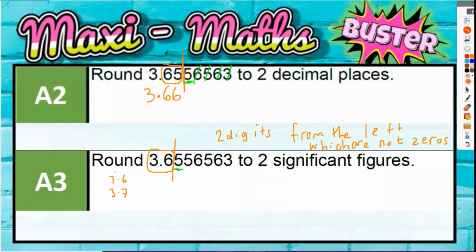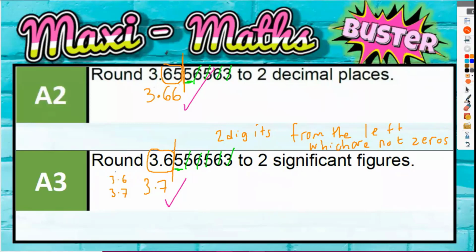Again, all the other digits after that 5 are not important to the question, so they might as well just disappear. It's the 5 that I've underlined in green that's going to affect what happens. And we've already said if it's 5 or more, we round up. So that 5 makes the 3.6 round up to 3.7. And that's your answer to the question. So 3.66 to 2 decimal places, but the same number is 3.7 to 2 significant figures.